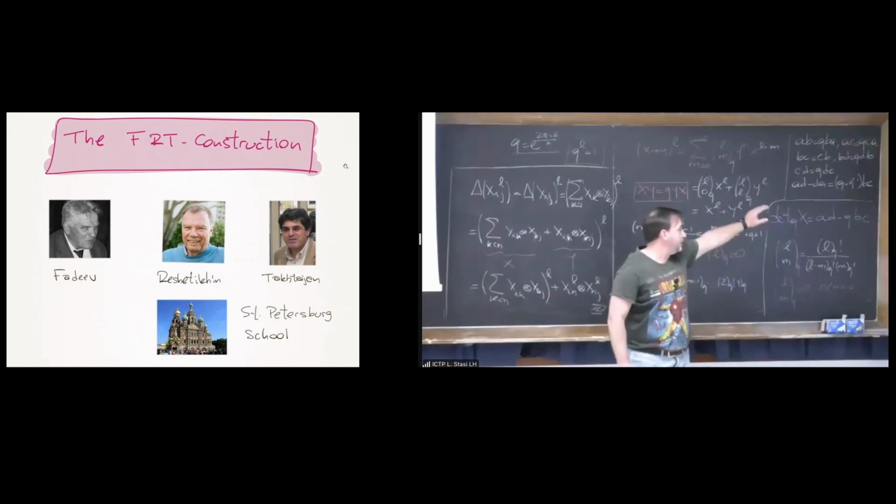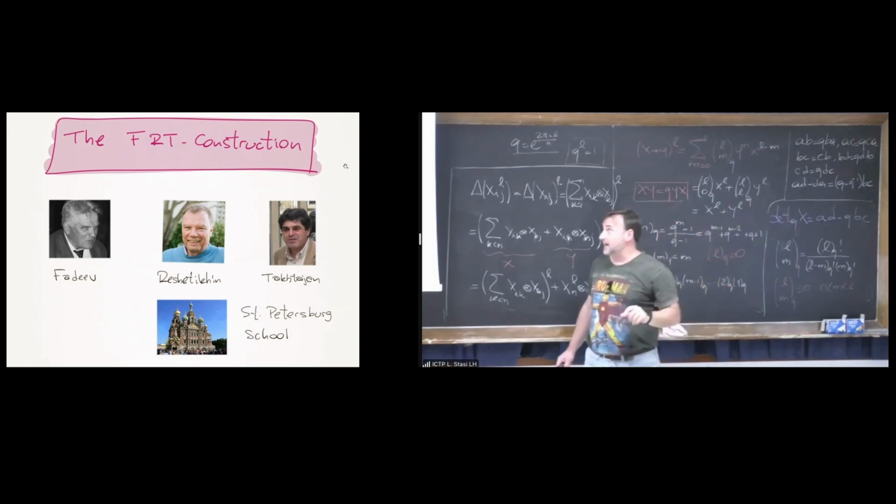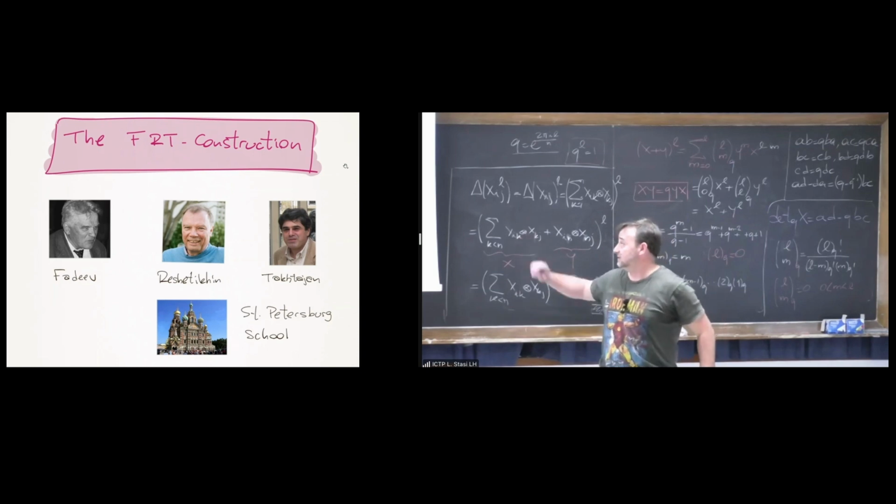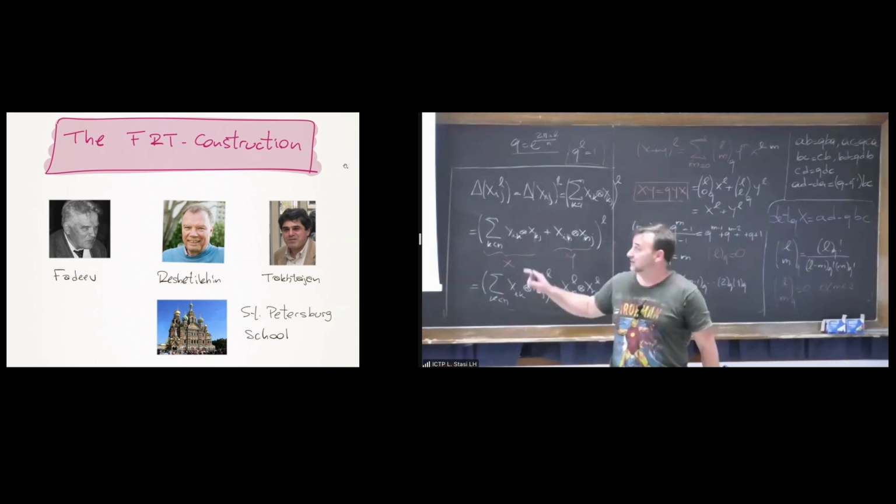Well, we have a lot of options for how to deform the multiplication. And a way to do that was introduced by these three people, Faddeev, Reshetikhin, and Takhtajan. They were part of the St. Petersburg school, and they introduced what is now called the FRT construction. FRT because Faddeev, Reshetikhin, and Takhtajan.